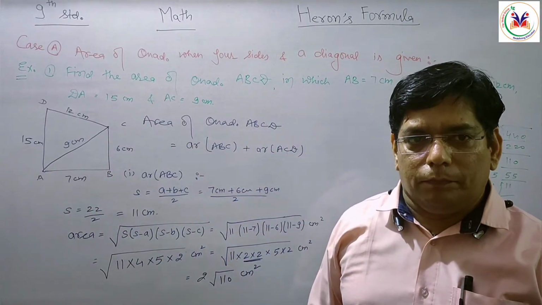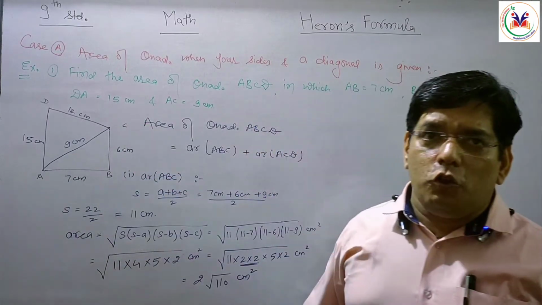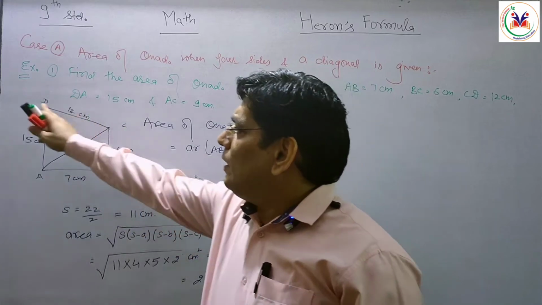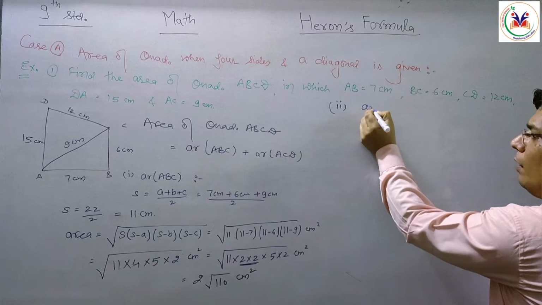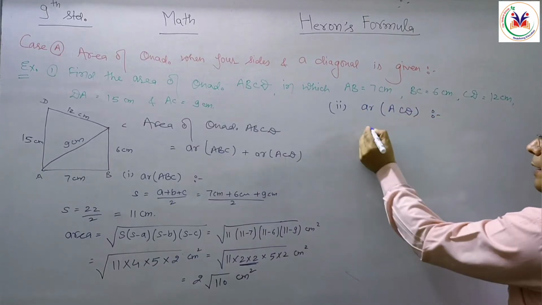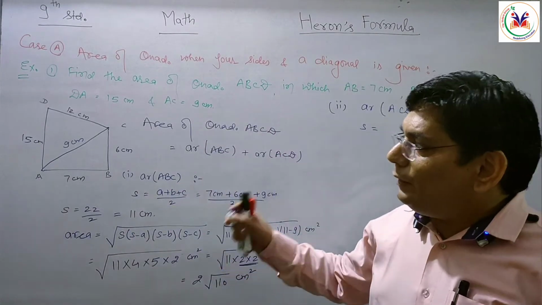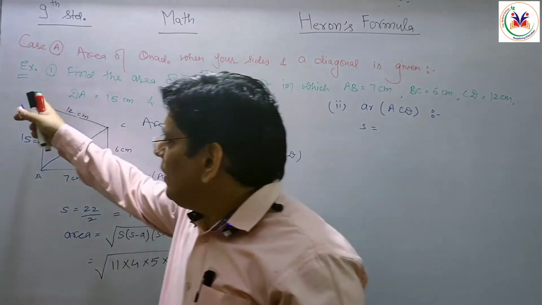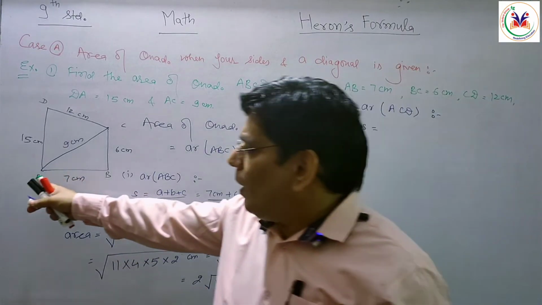Now, after getting the area of ABC, we should move to get the area of triangle ACD. Again, we have to follow the same calculation which we have done previously, but the thing that differs is that we should take the measurements of this respective triangle.